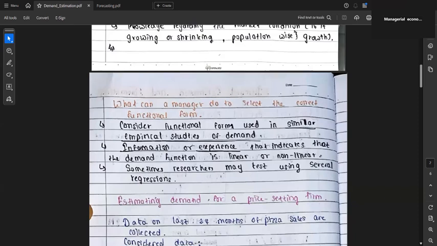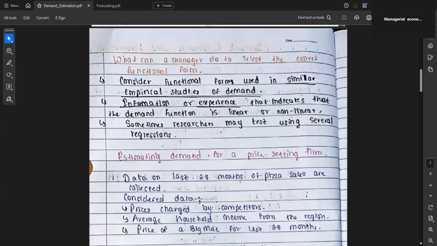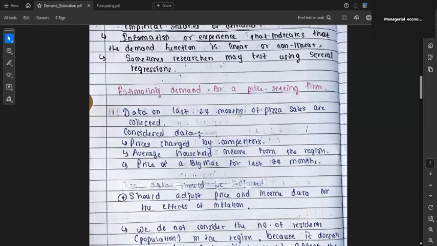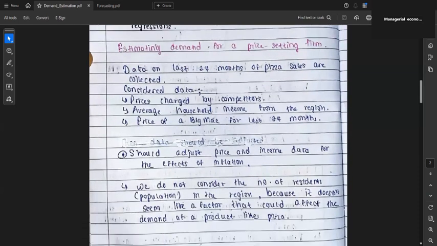And sometimes researchers may test using several regressions. The manager can also use several regressions, the non-linear form as well as the linear form. As you know, in EViews, you can run the regression in the log form, the non-linear form, as well as the linear form, and see how the goodness of fit changes. You can see what is the most applicable regression functional form for the function.